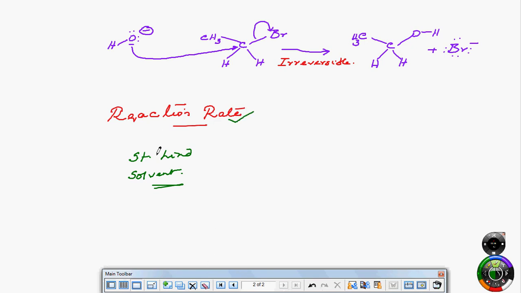So there is a difference in the way we measure basicity and nucleophilicity. The variables which are at play, like steric hindrance and the effect of solvent, we will discuss in the next class.